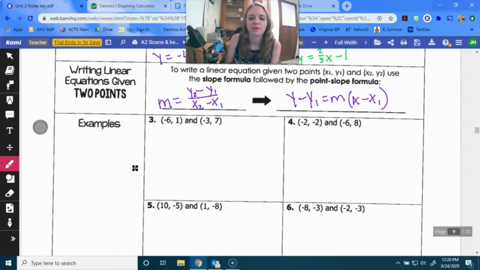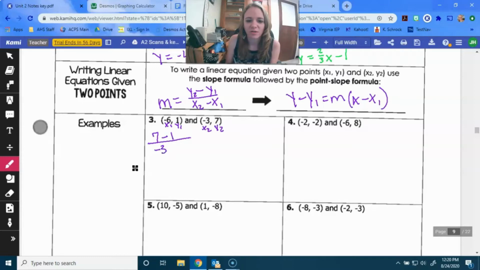Alright, let's go ahead and practice this. This should be, I hope, second nature for you. If you need to label these, you can. X1, Y1, X2, Y2. And subtract the y's on top. So 7 minus 1 over negative 3.